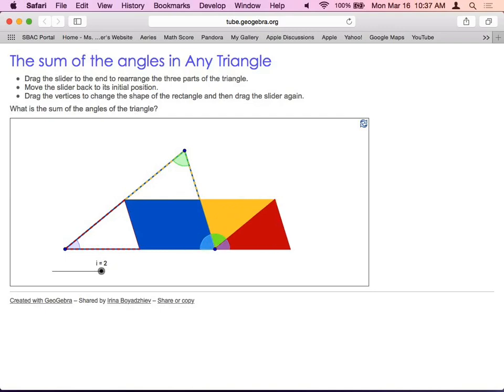And what we have here is a straight line, and we knew from before that angles on a straight line, like in this situation right here, add up to 180 degrees. So that means this angle and this angle and this angle. So that's proof that three angles in a triangle do really add up to 180 degrees.